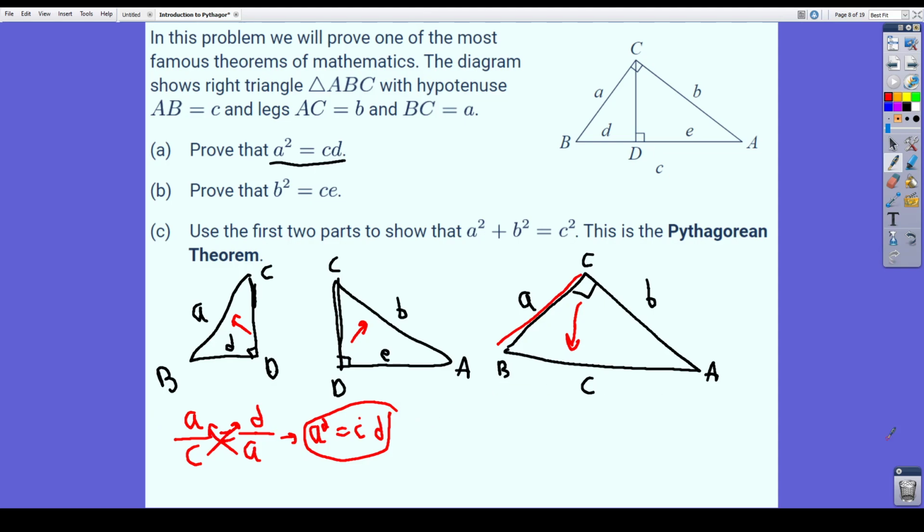So now we can move on to part B. Part B asks for a similar proof, but that being that b squared is equal to ce. Well then, let's try to make a proportion involving b squared. So I'm going to start with some side length that contains b. How about CA in the second triangle? And what side would match up with that?